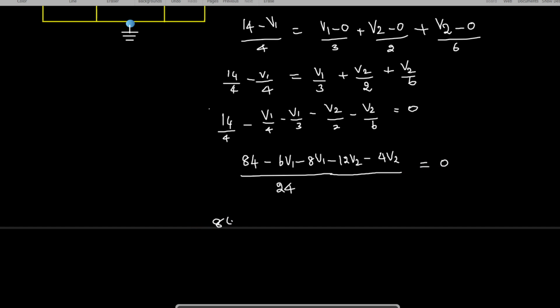So it is 84 minus 14V1 minus 16V2, that is equal to 0.